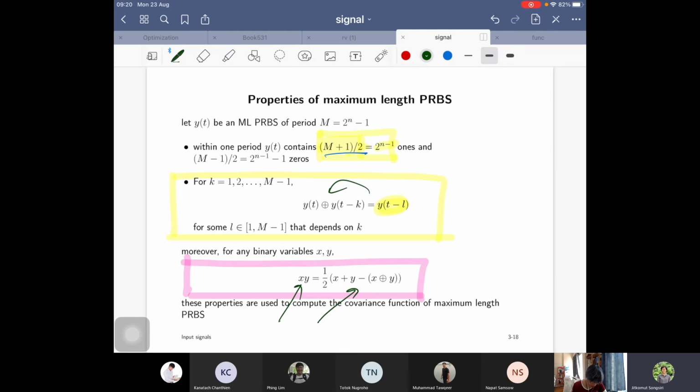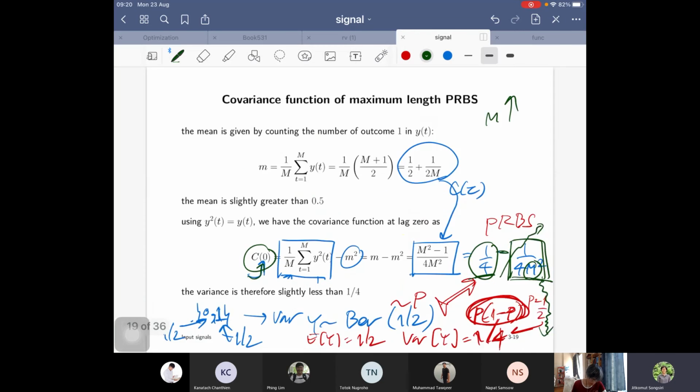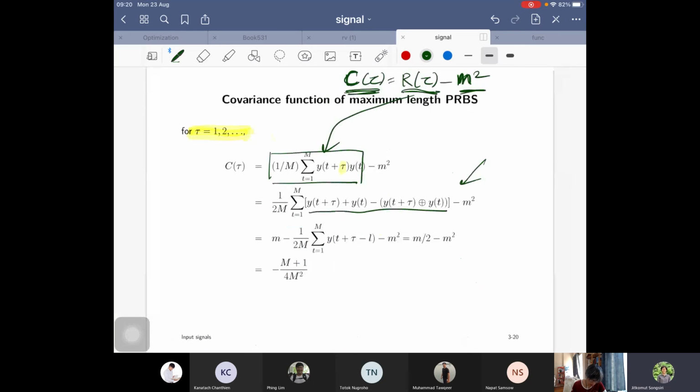So now it's going to be the row of y at t plus tau as x, and y at t as y here. Use this identity and plug it back into the second step.